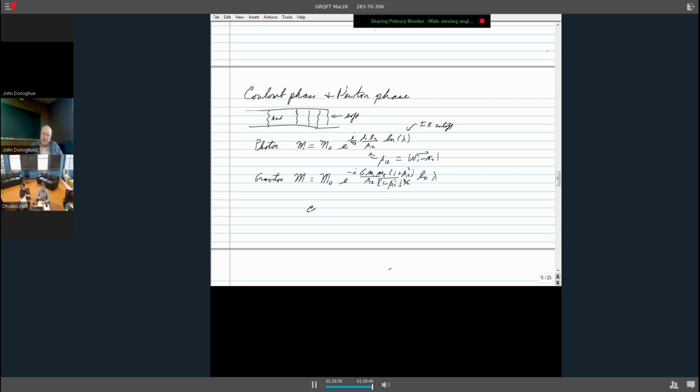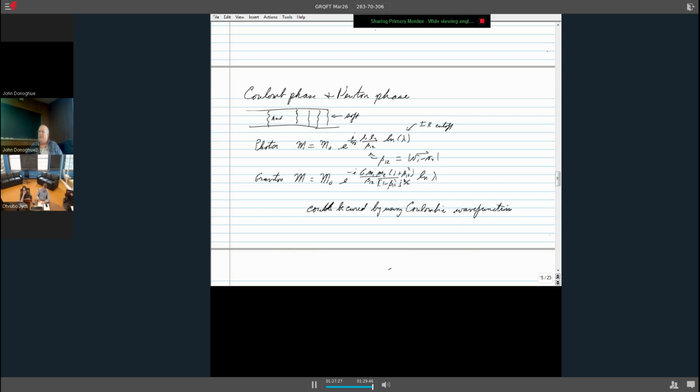It looks like e to the i pi. It's E1, E2, so those are the charges from the two legs. Beta 1 2 is the velocity between the two of them. And there's a log lambda, where this log lambda is put in here as a cutoff, like a photon mass. Put a photon mass.